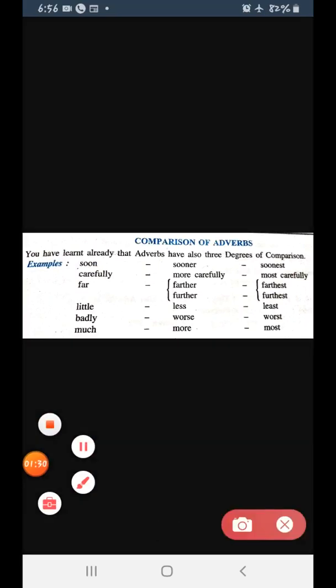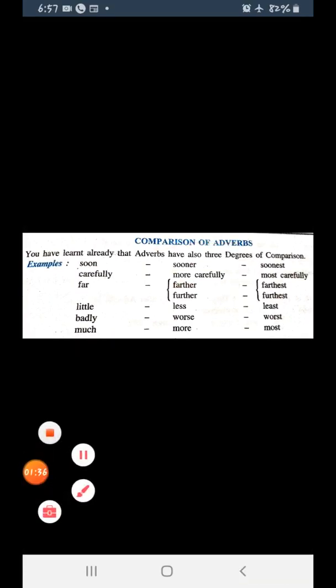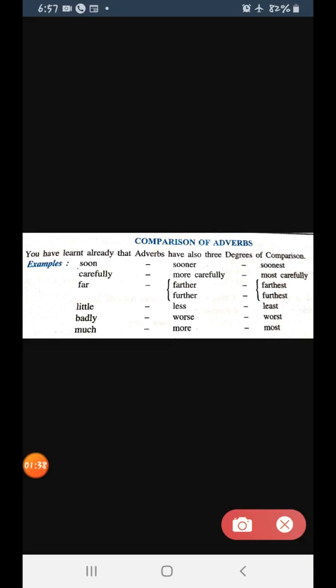Now, comparison of adverbs. So, what will we learn here now? We will learn how to compare an adverb. Now see. You have learnt already that adjectives have 3 degrees of comparison.